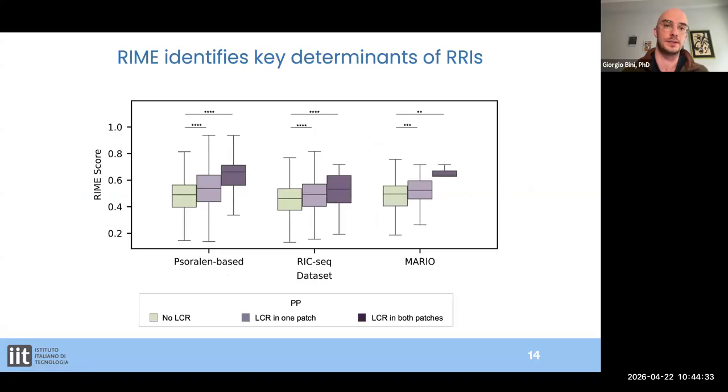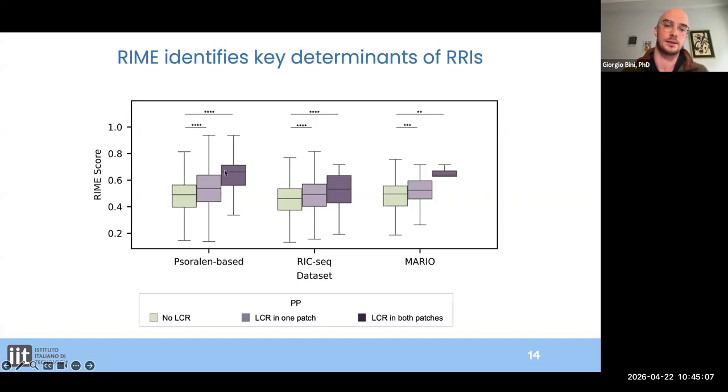And then, since we saw that low complexity repeats play a central role in the context of RNA-RNA interactions, we wanted to assess whether RIME could identify this interesting biological pattern. And here in this plot, we can see that when a low complexity repeat is present in one of the binding patches, the overall RIME score is generally higher than in the absence of low complexity repeats.